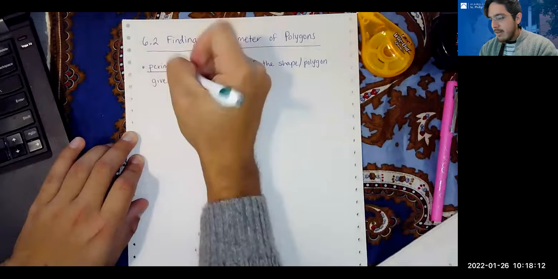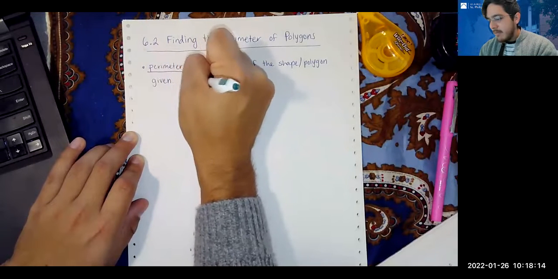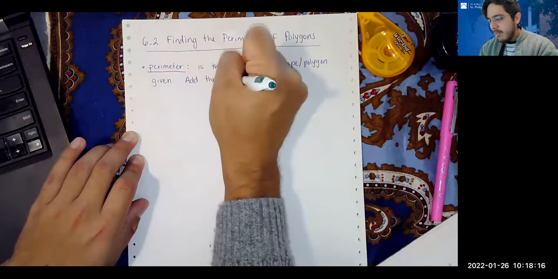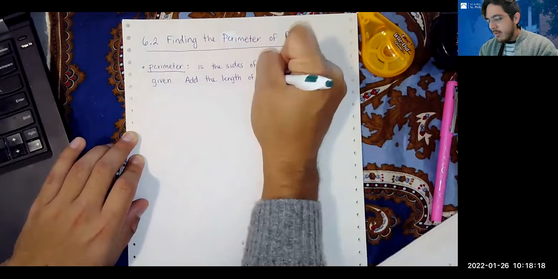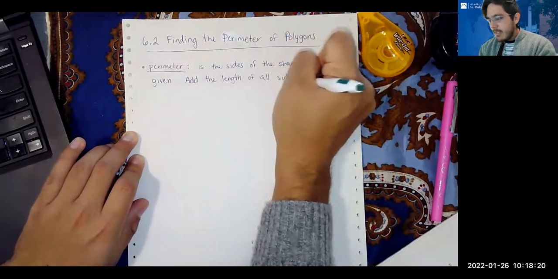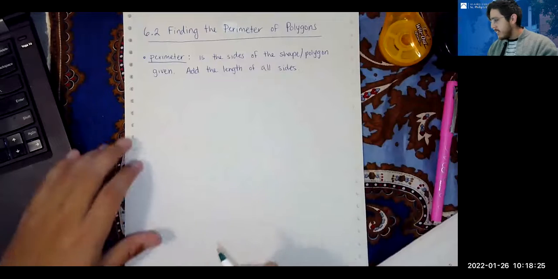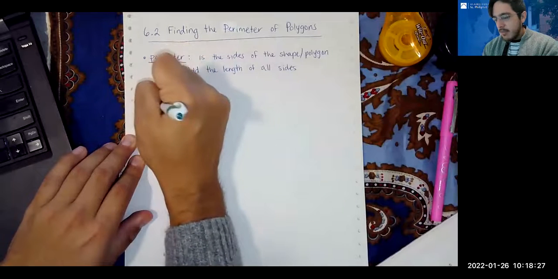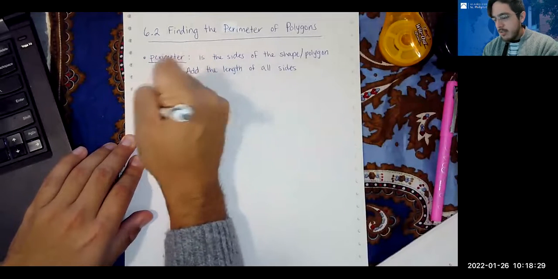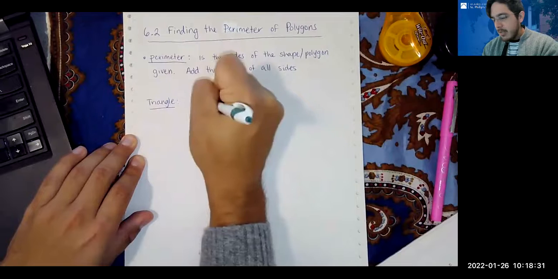Okay, so to calculate this, you will add the length of all sides. There are some regular polygons that you'll run into in your homework in Hawkes. So obviously we know what some of these shapes are. A triangle is a 3-sided polygon.